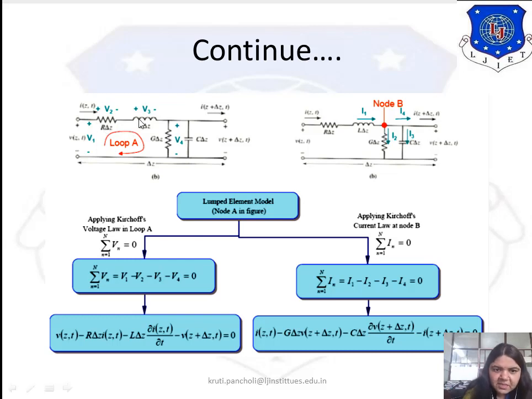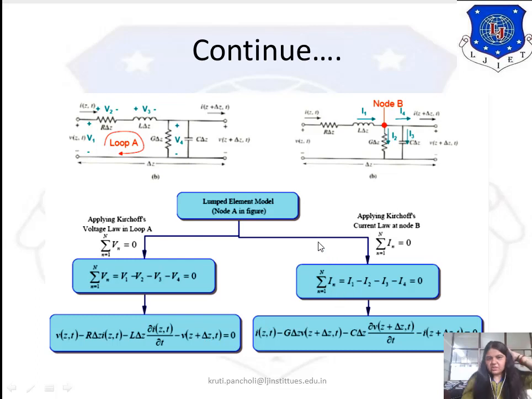Similarly, for the inductor, the voltage we can write is L delta z delta i(z,t) by delta t, and minus this value V4, the voltage across this, V(z plus delta z, t), is equal to 0.